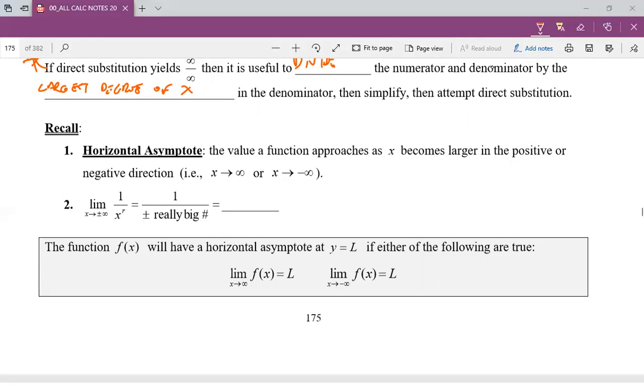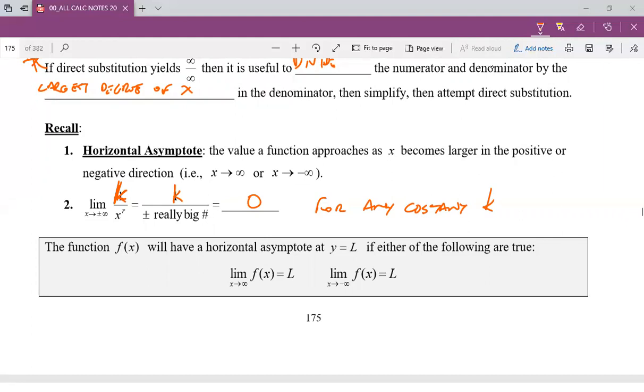And so what that means is if we have the limit as x goes to positive or negative infinity of 1 over x, or 1 over plus or minus a really big number, this is equal to 0. And in fact, we could make this not just 1, but any constant k. That would be true.